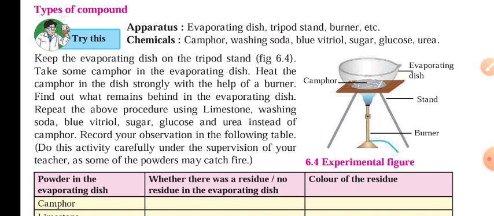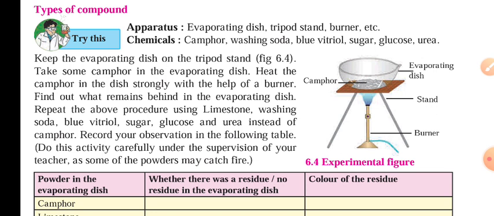Generally, when we talk about compounds, we majorly classify them as organic and inorganic compounds. Now, how do we distinguish between organic and inorganic compounds? A simple way is to take a sample of a particular compound and heat it.